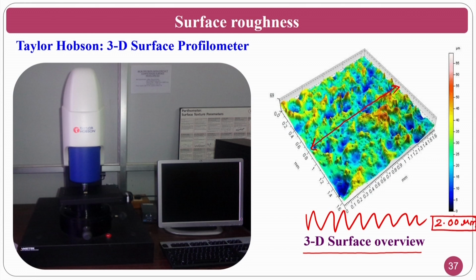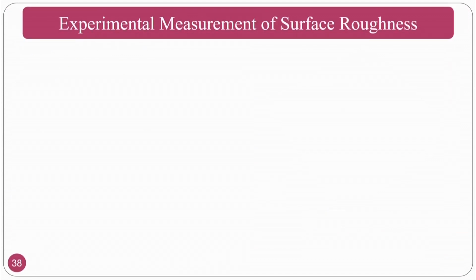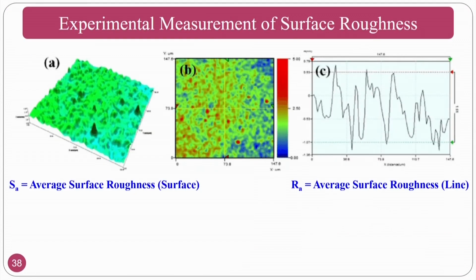So this is slightly advanced compared to those two techniques, and now you can measure various things also. Once you have a 3D surface profilometer, you can also get the average surface roughness value of that particular area. In a 2D surface profile, you can get only about that particular line. In the 3D profilometer, you can also get the area surface roughness value.